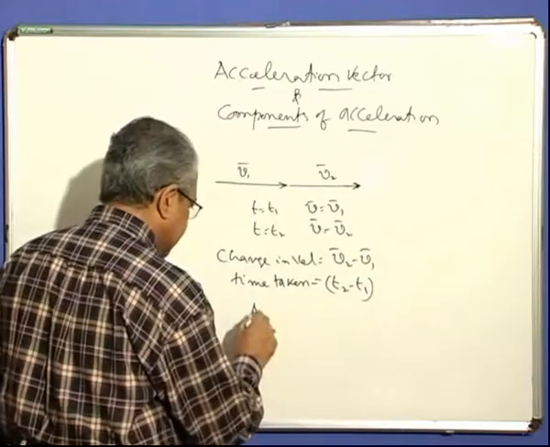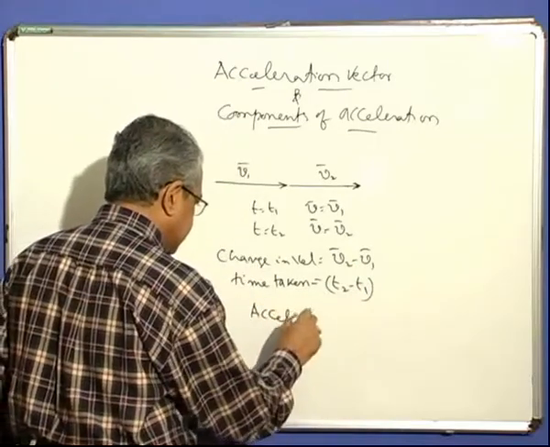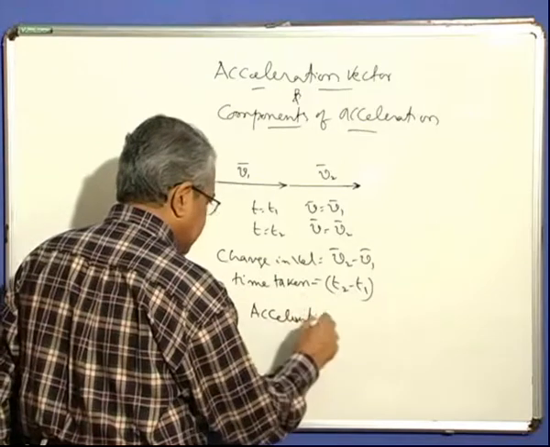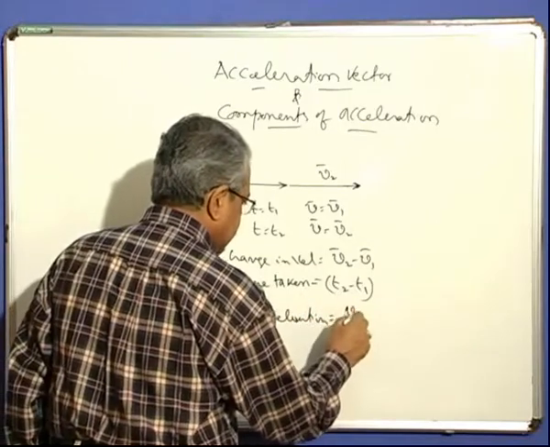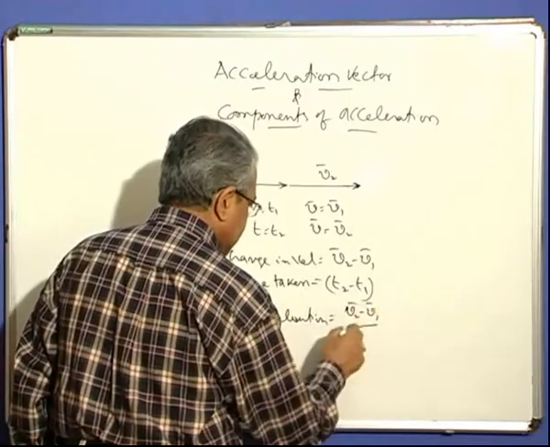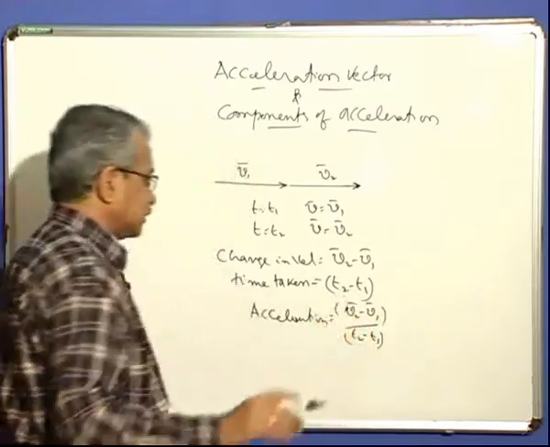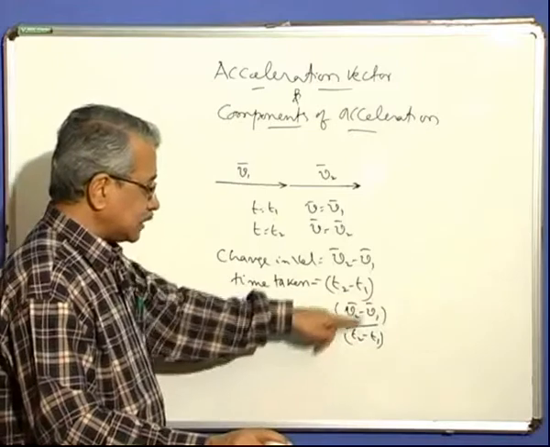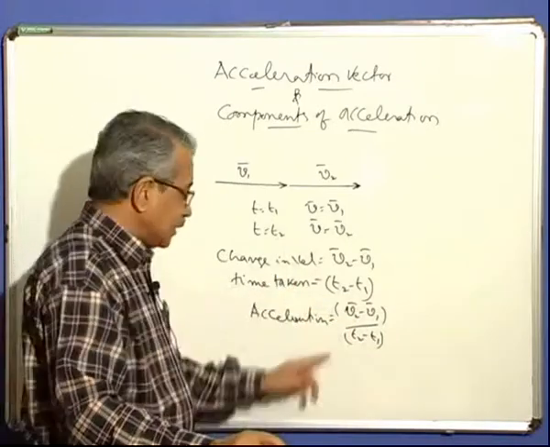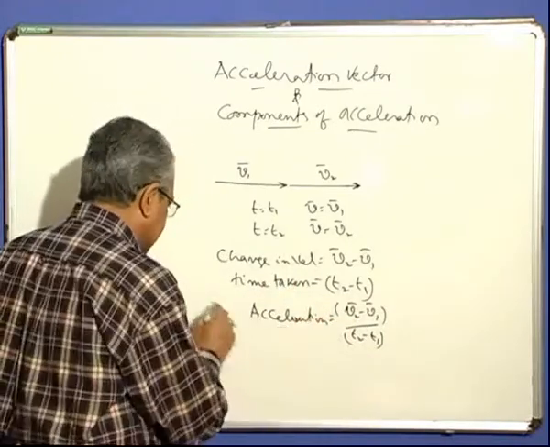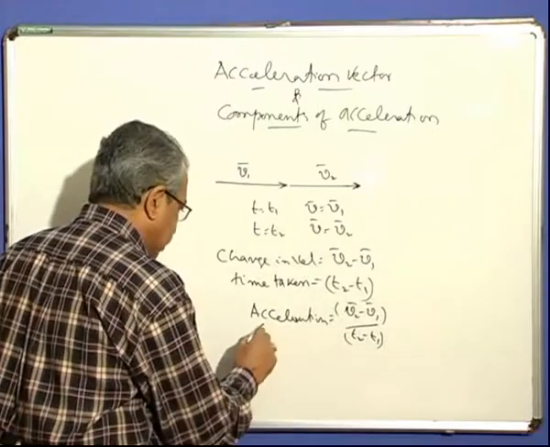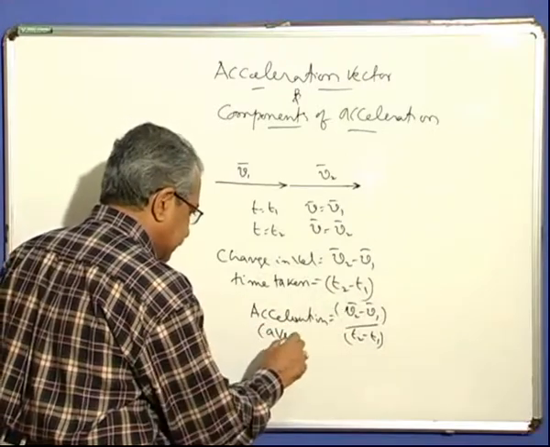So by definition of acceleration, we can write this as v2 minus v1 by t2 minus t1. This is equal to change in velocity by the time taken. This is the average acceleration, because this is over a period you have taken.